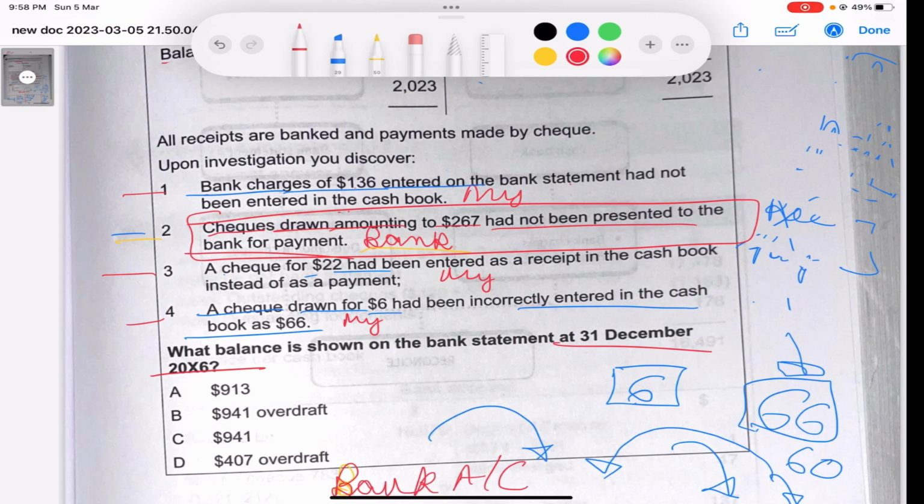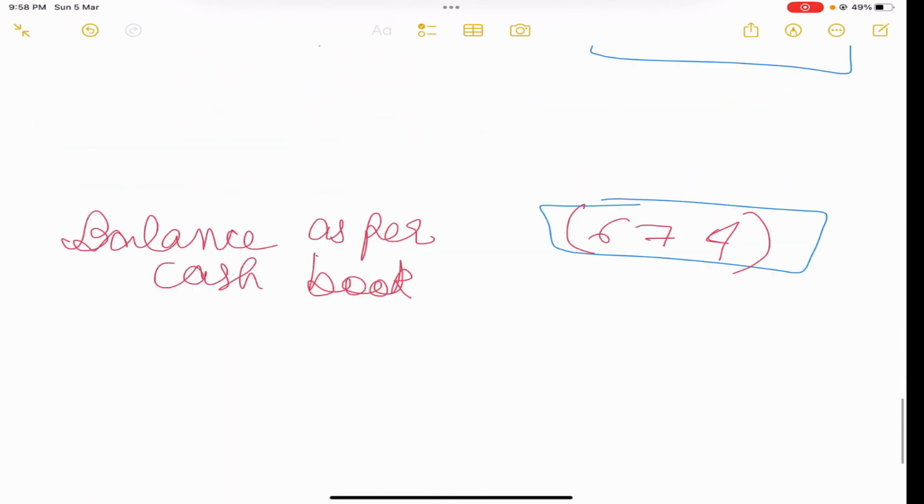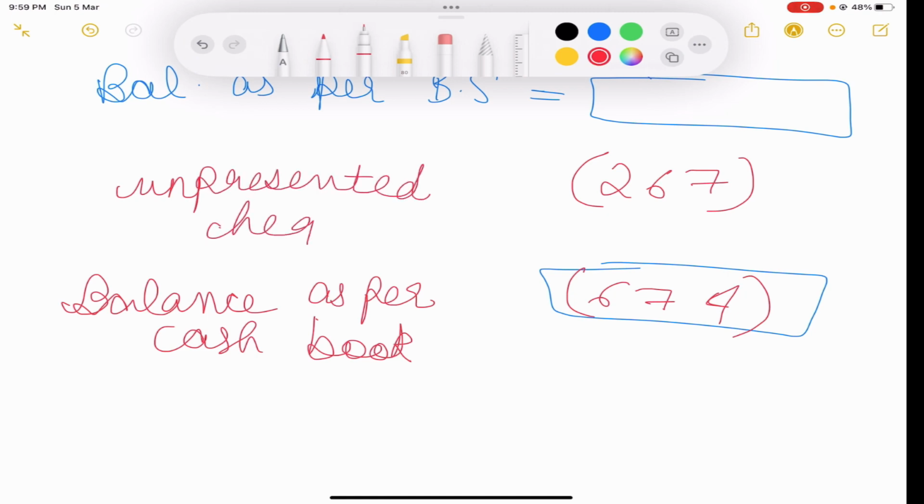So the bank has to subtract 267. Unpresented checks. Easy. Now it is very easy to find the balance as per bank statement.